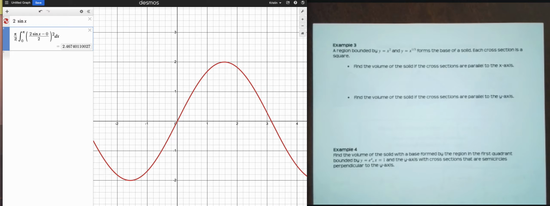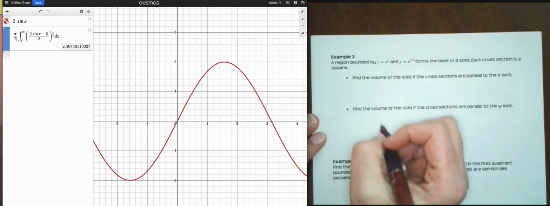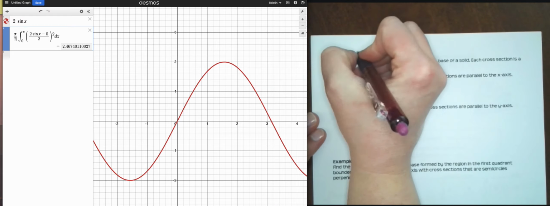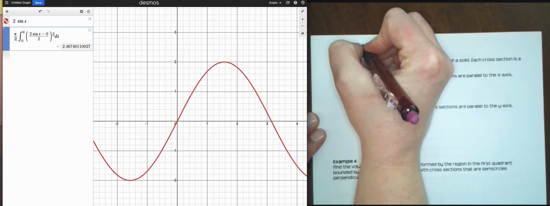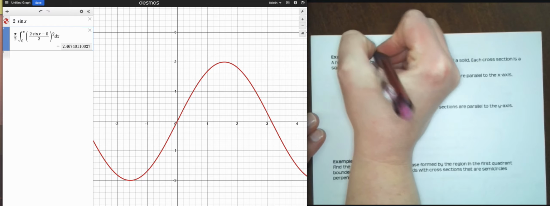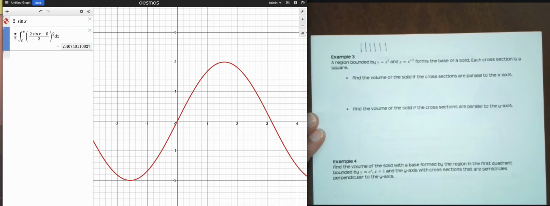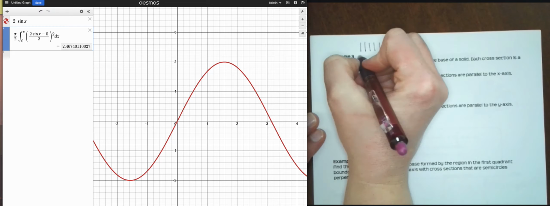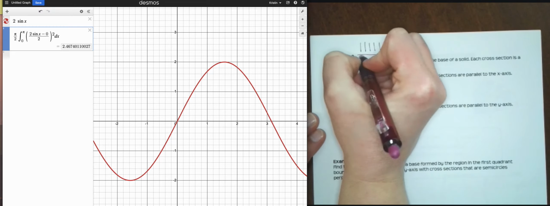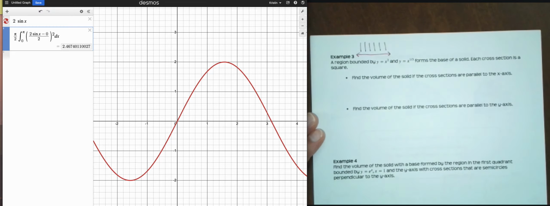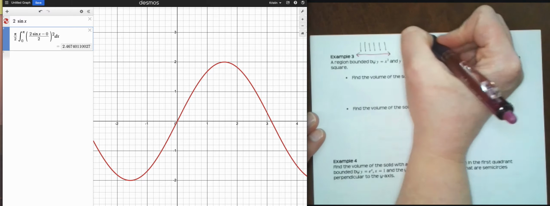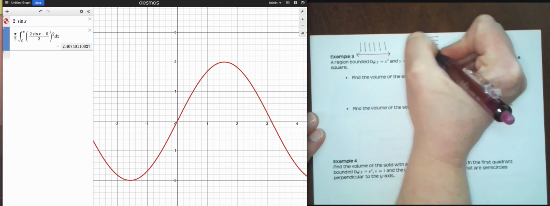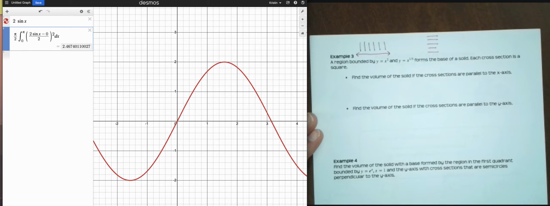So, okay, so when we're integrating, when we're building these cross sections, what we've been doing so far is building cross sections that stack alongside each other like that, right? So we integrate from left to right. We integrate along the x-axis. We can also build cross sections like this, okay?